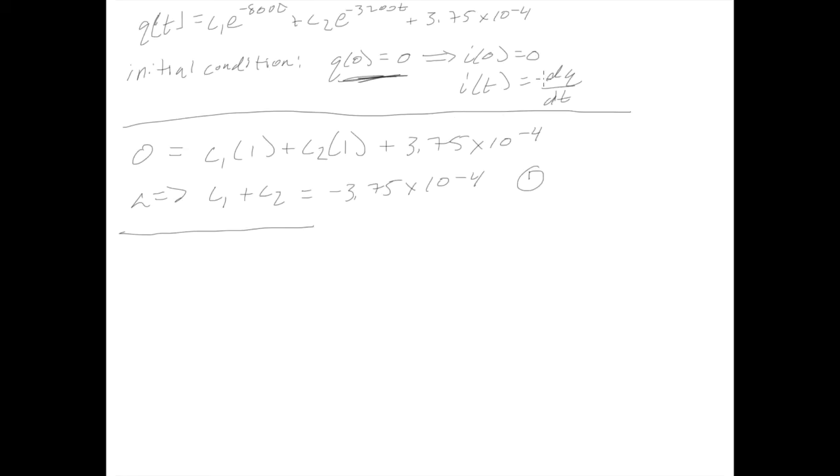Then we're going to use our second initial condition, I of 0 is equal to 0. So I of t is equal to the time derivative of q of t.